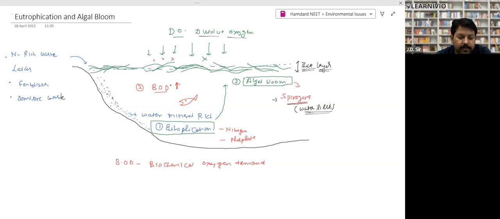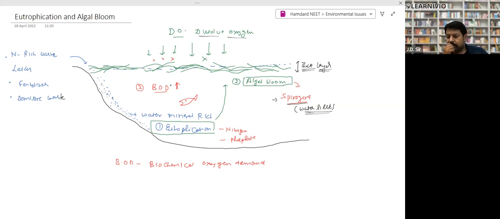Which is known as, sorry, which decreases the DO, dissolved oxygen, which decreases the dissolved oxygen in water, in bracket DO, full stop, in the same line.